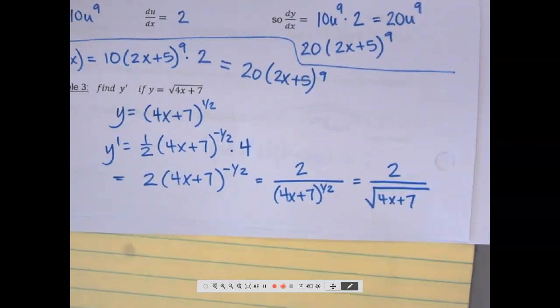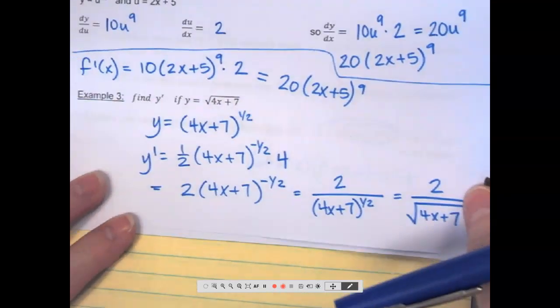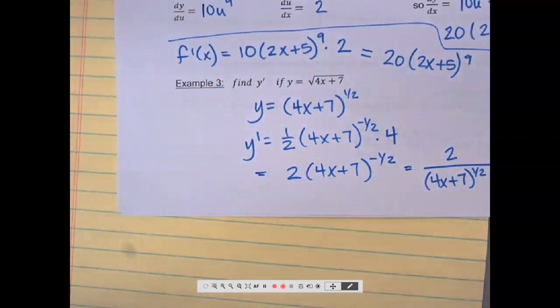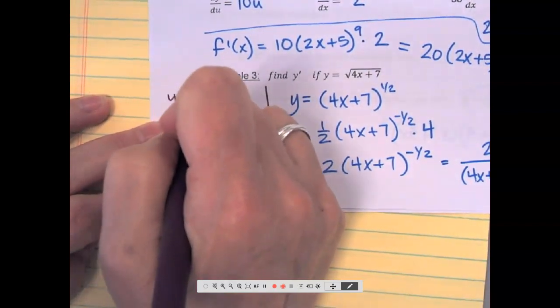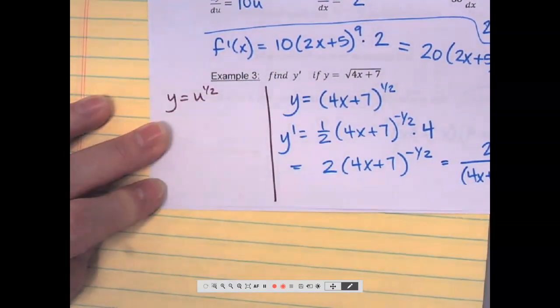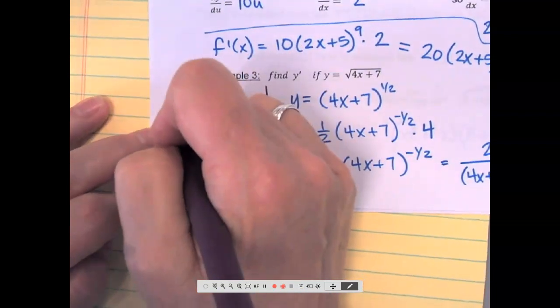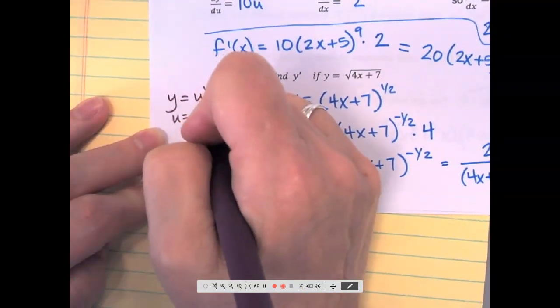Okay, so how would we do it with the u? Would it be y equals the square root of u? I would just go ahead and write y equals u to the 1/2. But u is 4x plus 7.